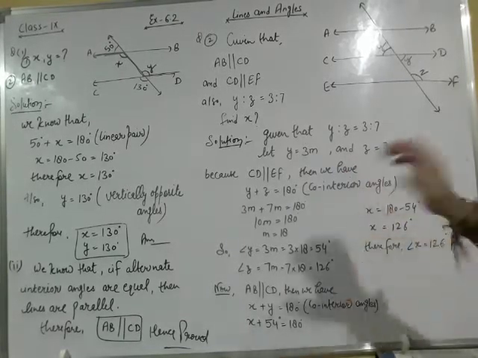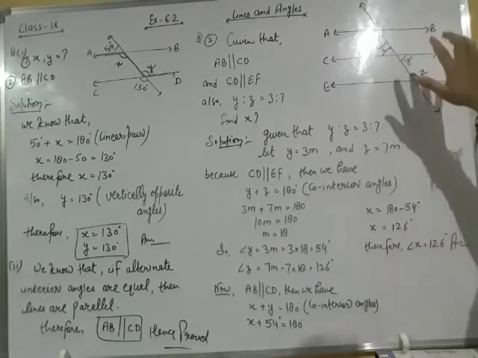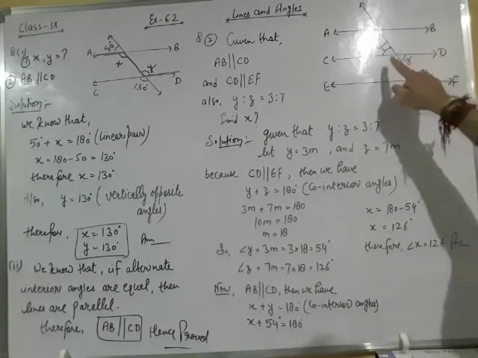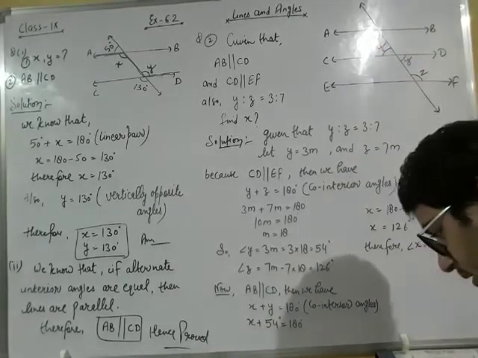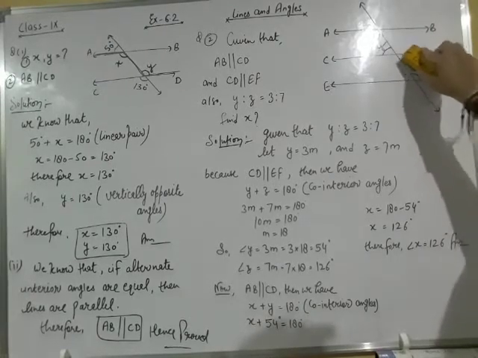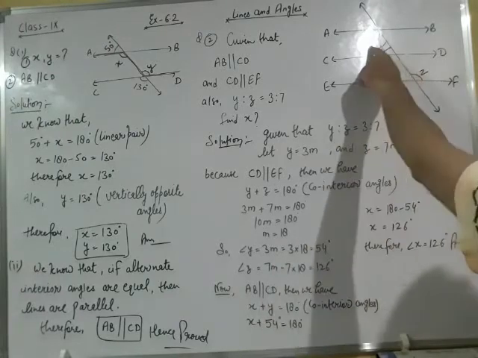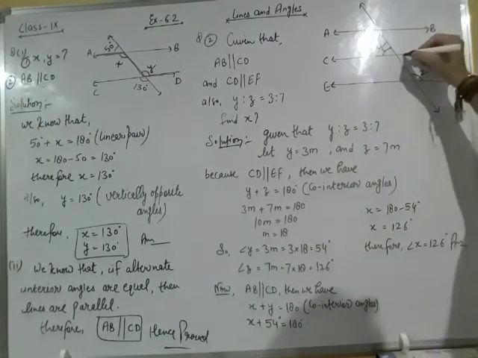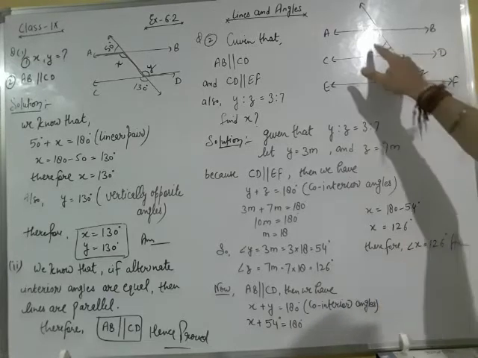Okay, now move on to the very important part. We know what is given to you in this question. Angle Y, this angle is given to you, angle X and angle Y. If this is angle Y, then this will also be angle Y, because of vertically opposite angles.